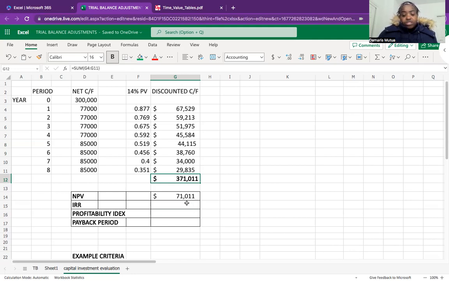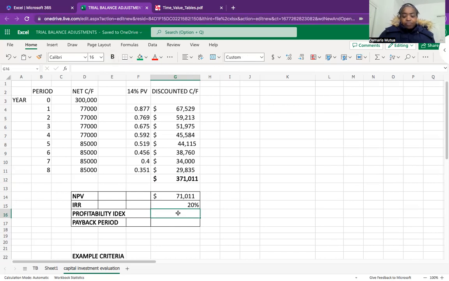Then you're able to tell exactly what it is. Our IRR is trial and error. You just need to change the percentage of discounting to get the present value of 300,000.